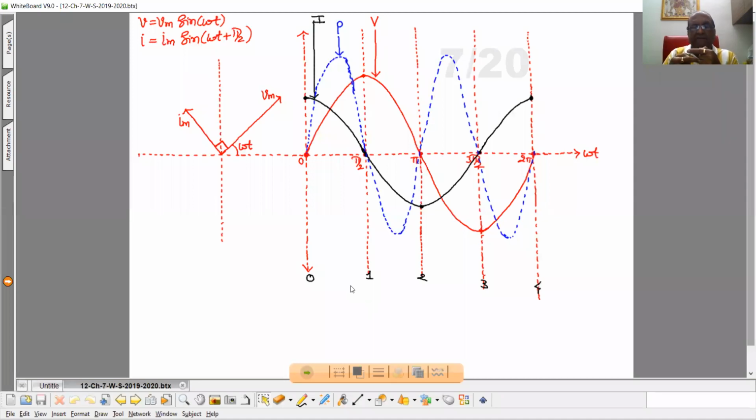So during the third 1/4 cycle, again the charging of the capacitor takes place, but now the polarity of the plates is changed, and the capacitor stores the energy in the form of electric field. And then during the fourth 1/4 cycle, the capacitor will discharge and supply the energy to the source. During this entire cycle, we can say the average power is equal to 0. Clear to all of you?